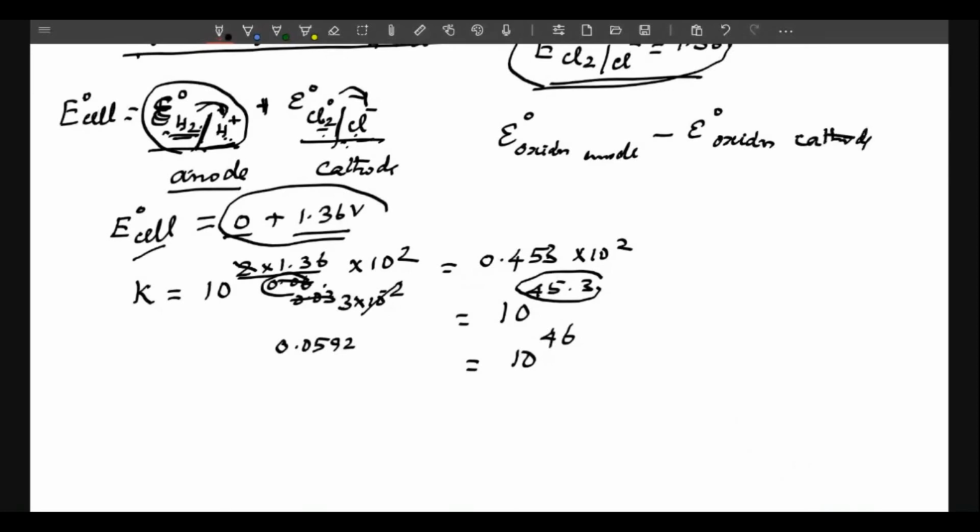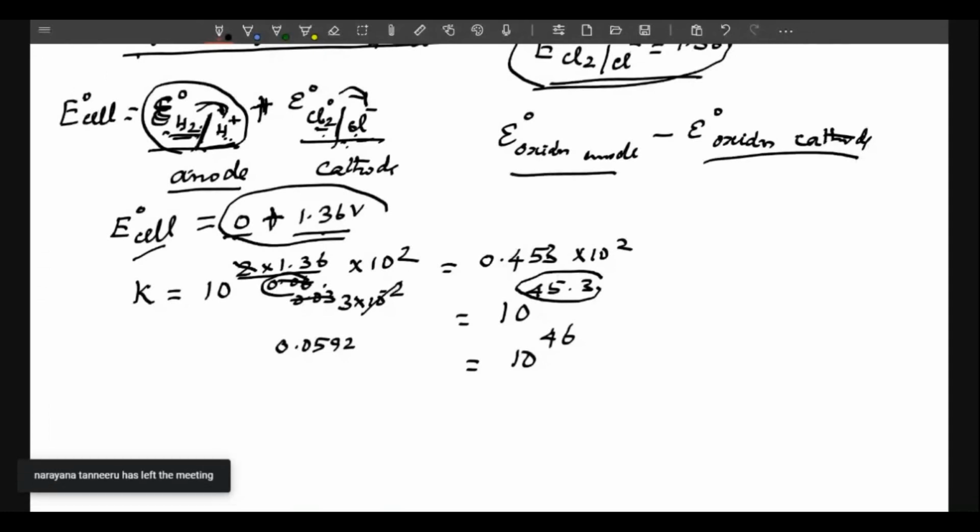E cell is equal to this. Oxidation potential of anode, if you write oxidation, it comes like this. Instead, here I am not writing this as the oxidation potential, and I want to know the reduction potential. Sum of these two, so I have put plus here in my way. If they give two oxidation potentials, you go by like this.